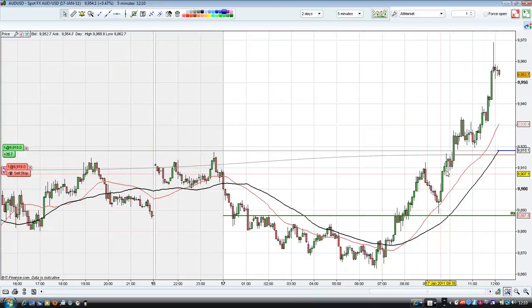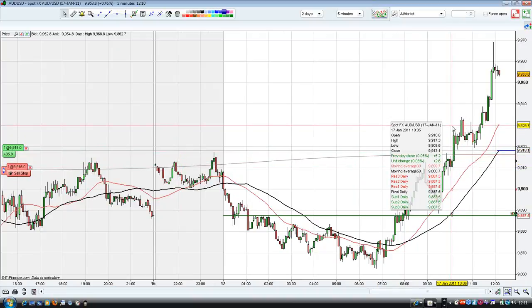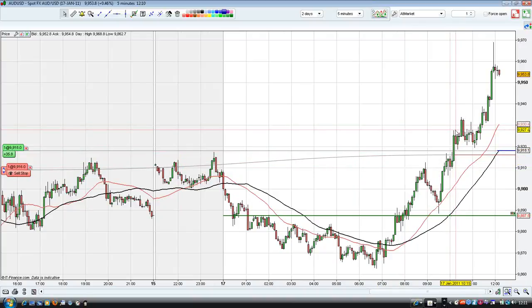Just in case there's a false breakout from the support and resistance levels, some people will wait for the resistance to be broken. Then once it's broken and then it pulls back, they will then buy from the previous high. So again, it just depends on what strategy you're used to.